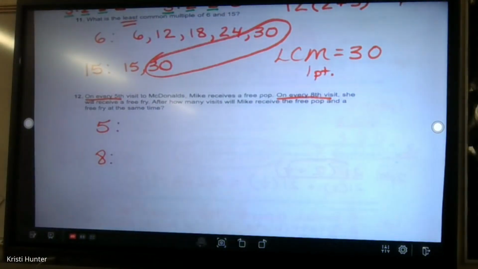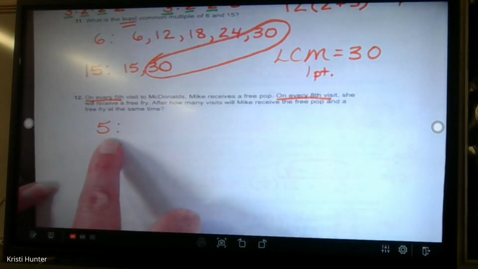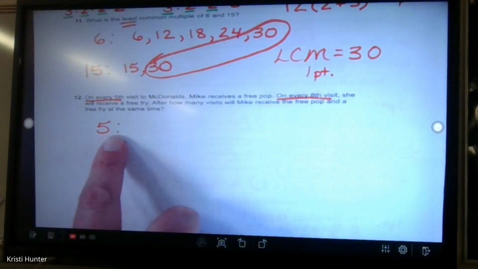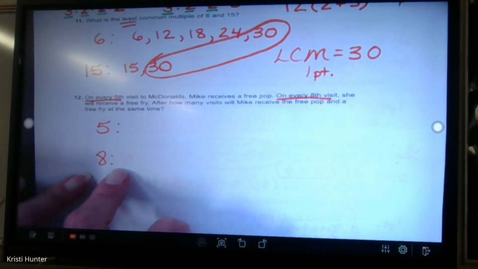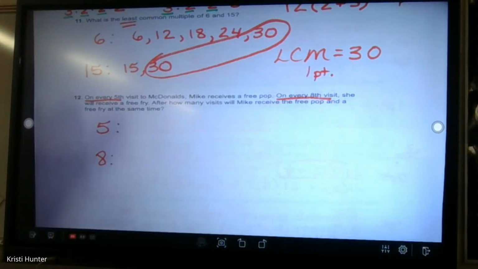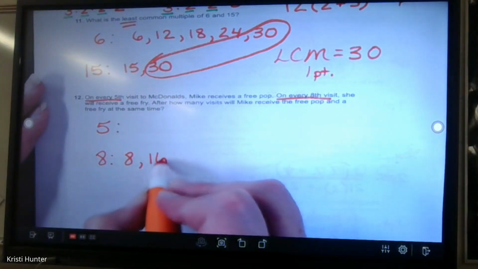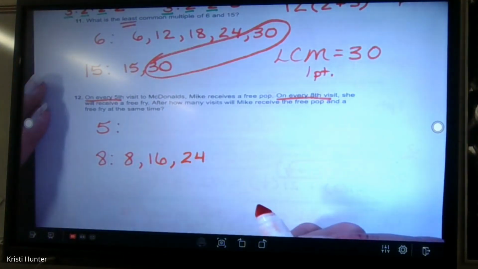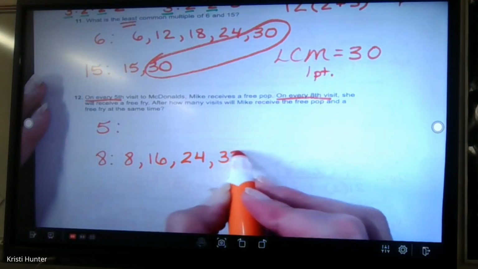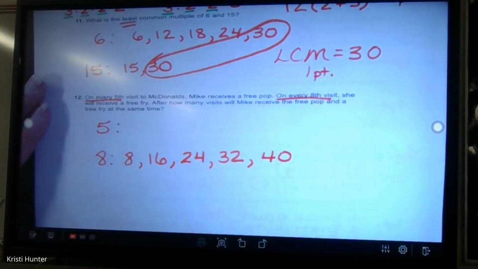So I'm going to count by 8 first, and here's why. I know how to count by 5s pretty easily. I know if it's a multiple of 5, it ends with a 0 or a 5. So when I run into one of those numbers when I'm counting, I'm going to see if that works. So let's see. 8, not a multiple of 5. 16, not a multiple of 5. 24, not a multiple of 5. 32, not a multiple of 5. 40, aha, I think I found it.